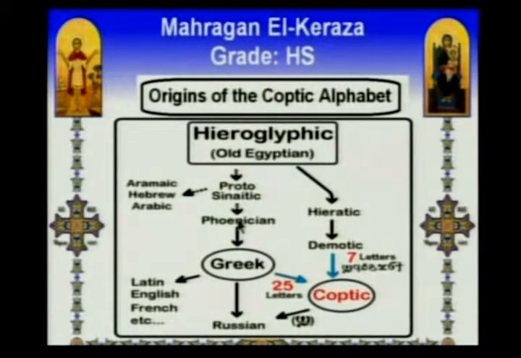which is derived from Phoenician, which came Proto-Semitic from hieroglyphic, and the other 7 letters are derived from Demotic, which came from hieratic, which came from hieroglyphic. In other words, all 32 letters, they have their origin in the hieroglyphic alphabet, 25 of them through this path, through the Greeks, and the other 7 letters from the Demotic letters.